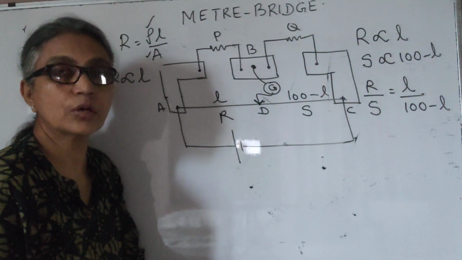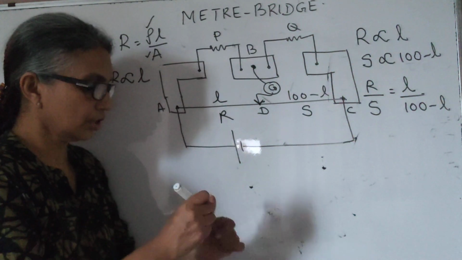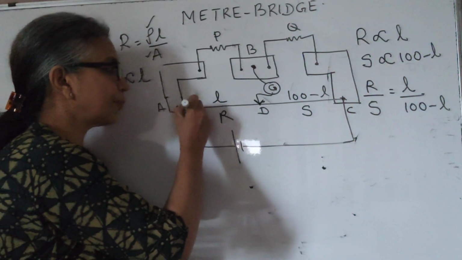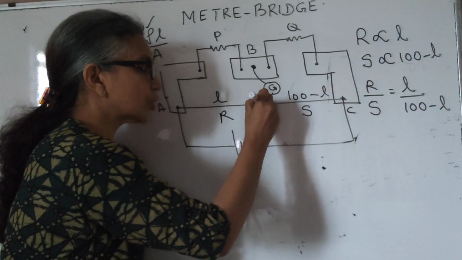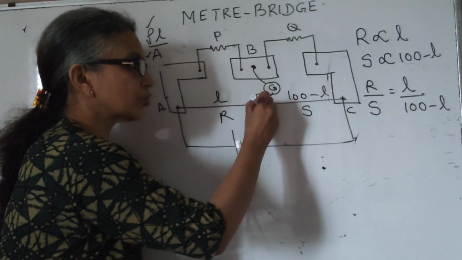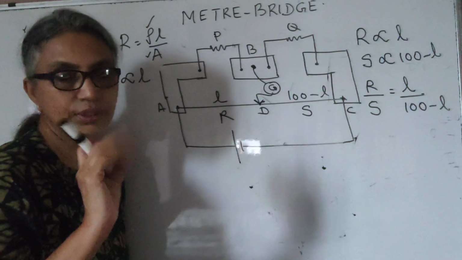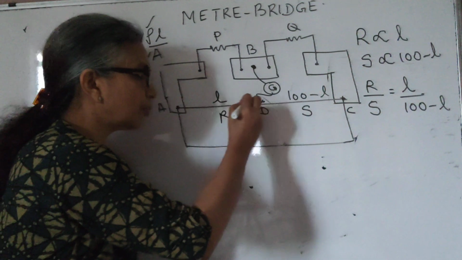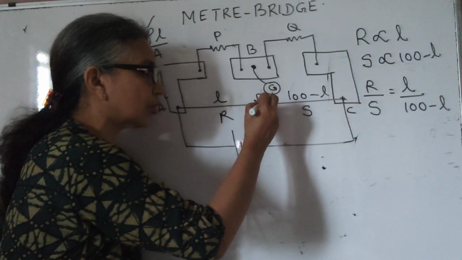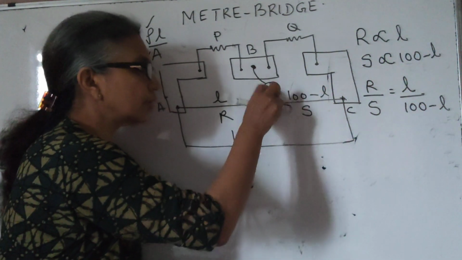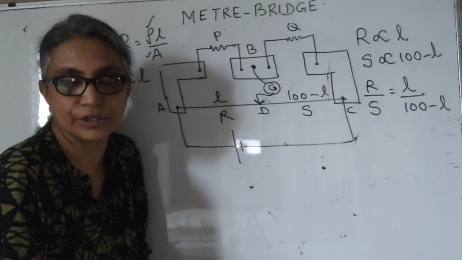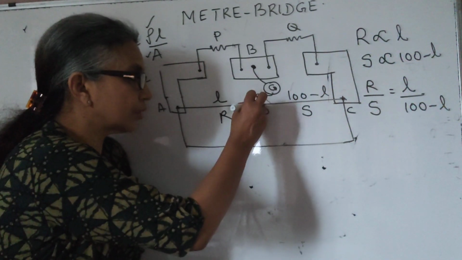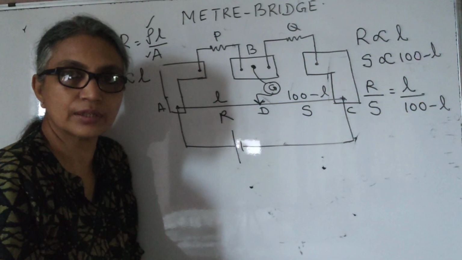Now what you are doing in the lab is, you are holding the jockey and pulling it to the right and stopping at D. That is when your galvanometer will show null deflection. So you will keep on sliding the contact over the wire till your galvanometer shows null deflection. Why should you stop when your galvanometer shows null deflection?